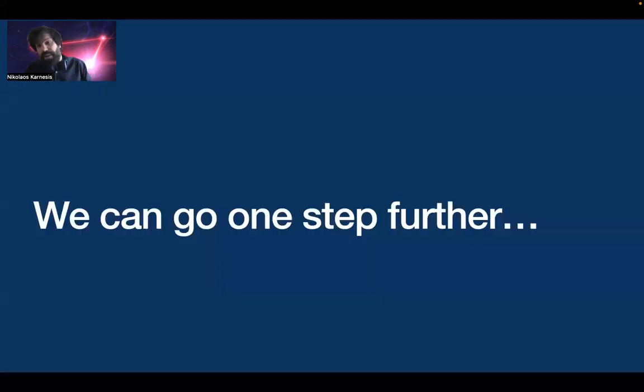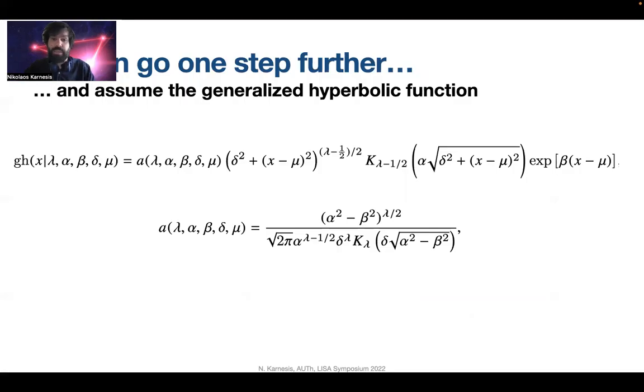But we can go one step further, right? We can follow another way, or we can go one step up and use what they call the generalized hyperbolic functions. And these can be considered as the mother of exponential distributions, because basically it has all these parameters, alpha, beta, delta, and mu, where by tuning them, you can arrive at different families of distributions, like the normal Gaussian, or the Student-t.